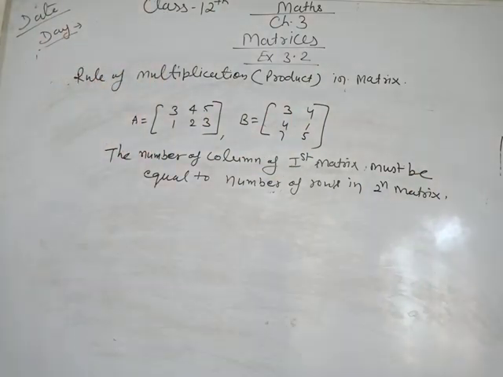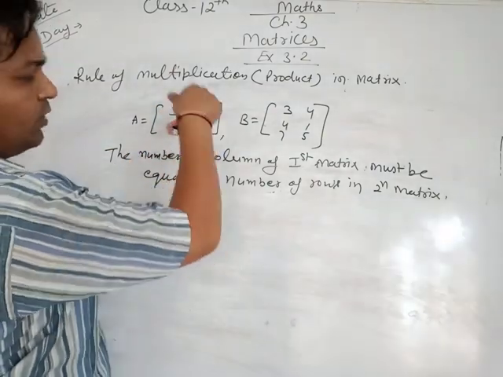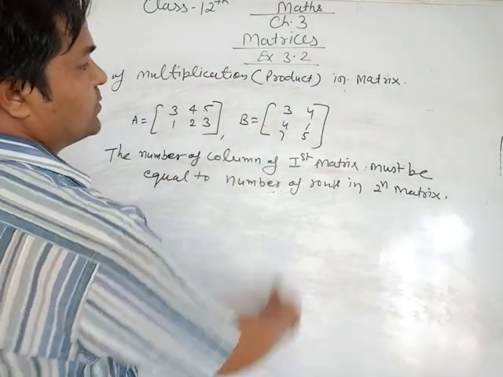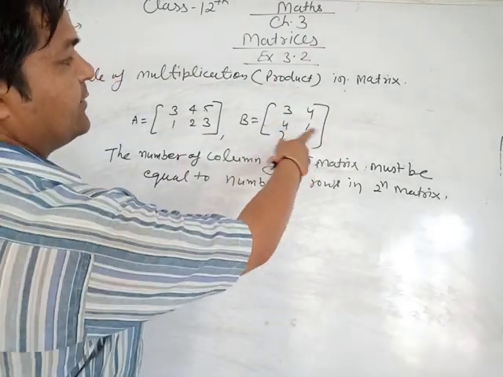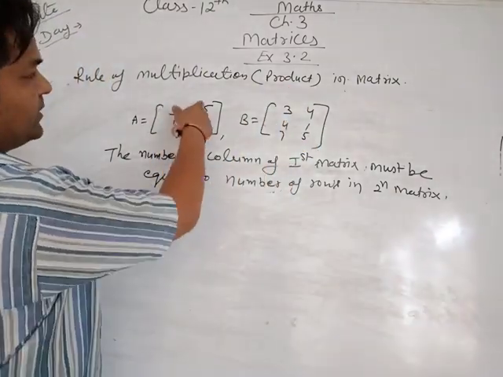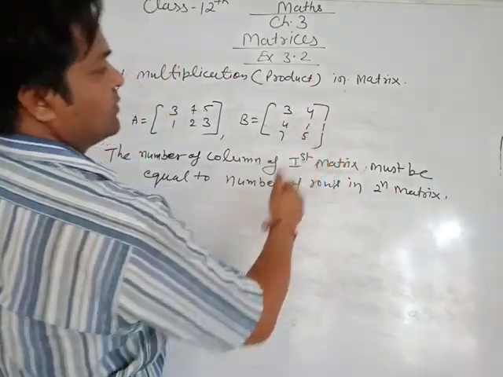Now the question is, how can we multiply it? The condition is the same: the number of columns of the first matrix should be equal to the number of rows of the second matrix. Here one column, two columns and three columns. Now here the first row, second row and third row.